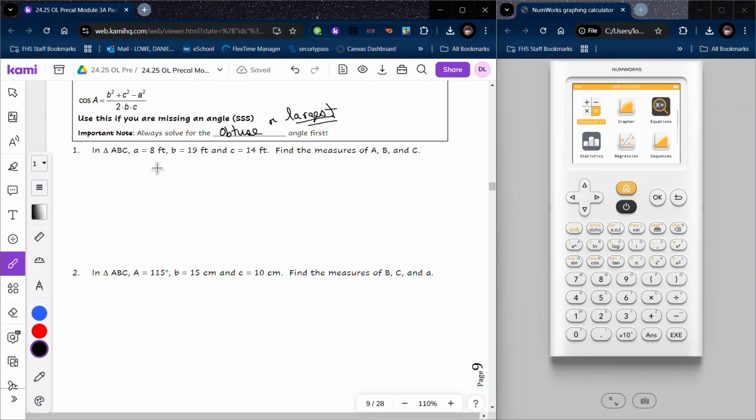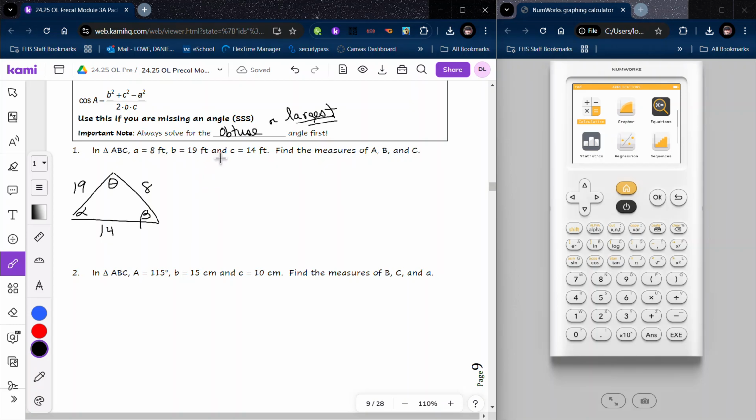So let's look at our situation here. Find the measure of angles A, B, and C. If I have a triangle with a side A of 8, we'll call that alpha for the angle, a side B of 19, we'll call that beta for the angle, and a side C of 14, we'll call that theta for the angle. So we want to find the measures of these angles.